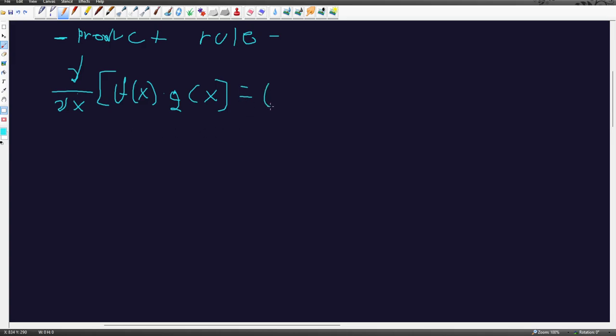And the formula derives from the limit definition of derivatives. Yes, the limit definition of derivatives. You can write it like this: g of x plus g of x times f prime x.